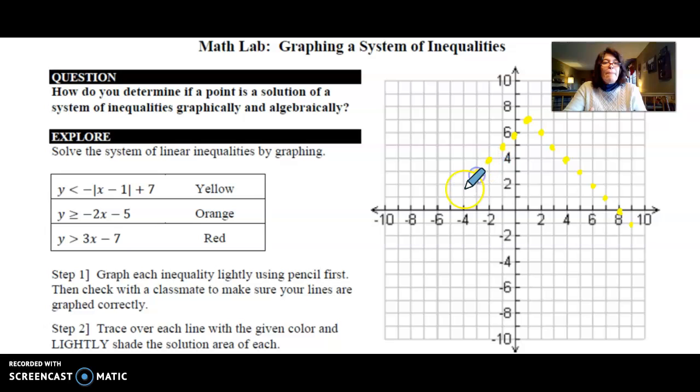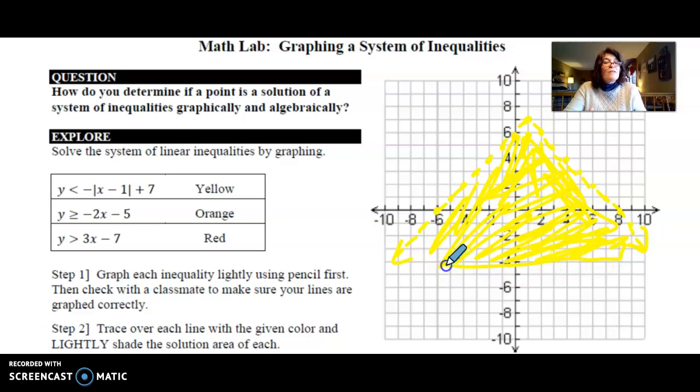We're opening down. Now, since it says less than, I'm not going to make this a solid line. It's a dashed line, right? It's everything less than those y values, everything less. So here's the answer to what we did last week. That's a little review.